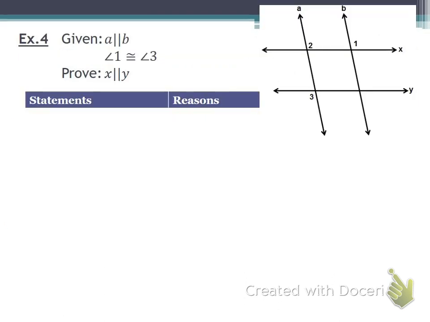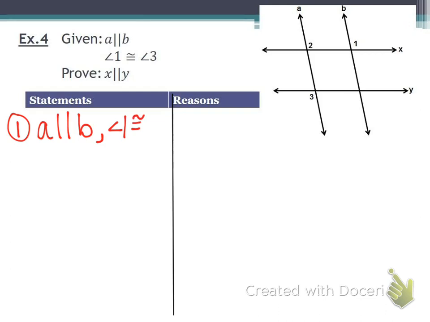All right, another proof. This time they started us off with a couple givens. So again, you can list them together, you can list them separate. I personally like listing my givens together. We're told that A is parallel to B. We are told that angle 1 is congruent to angle 3. All of that was given.